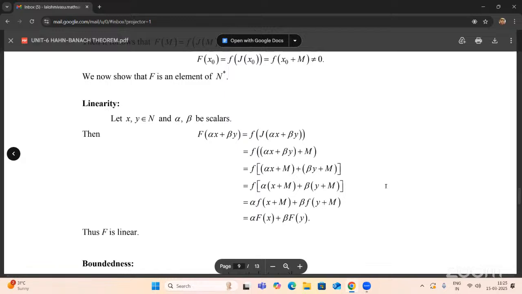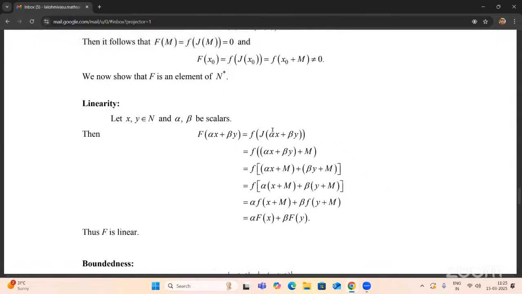Now J of x is x plus M, so replacing x by alpha x plus beta y, we get alpha x plus beta y plus M. So this is alpha x plus M plus beta y plus M; that is the addition of cosets.